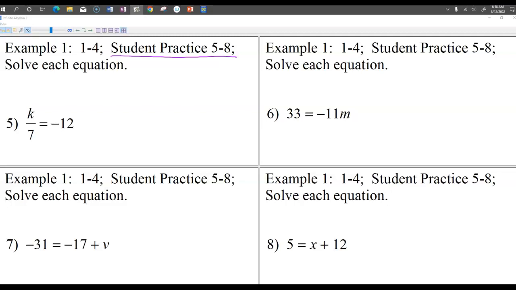I do want you to at least work on it. In class I can check that whenever I'm walking around checking work, but in the notes, just scribble something on there to get the answer. So pause the video here and do numbers 5 through 8, and when you unpause the video, I will have the problems worked out for you so you can check your work.